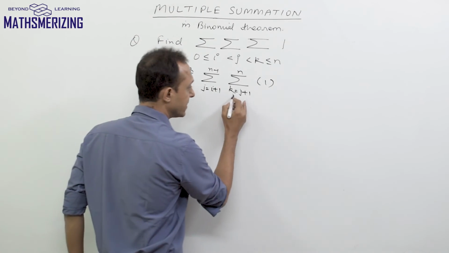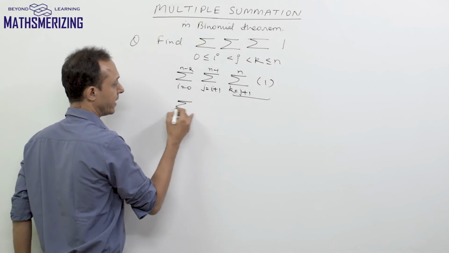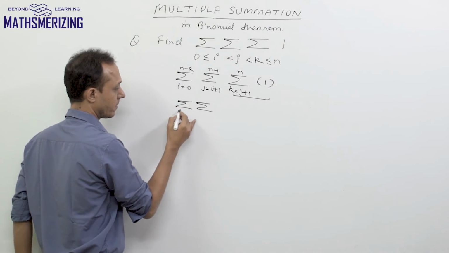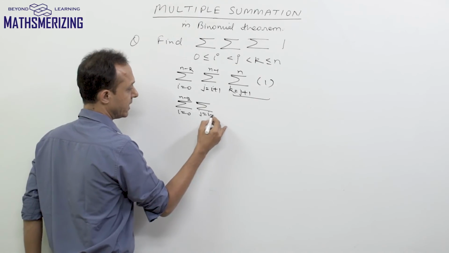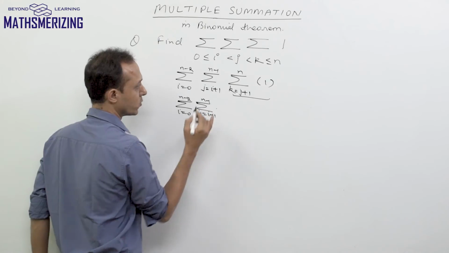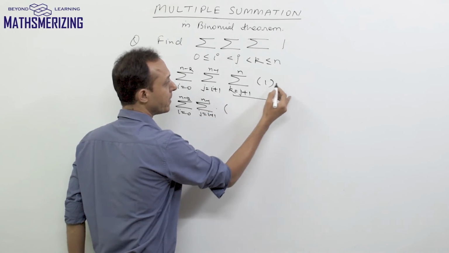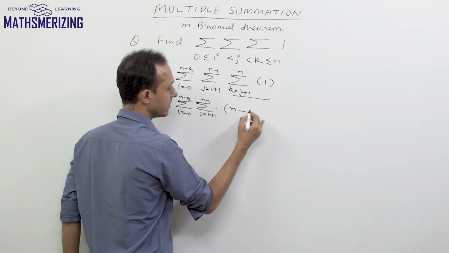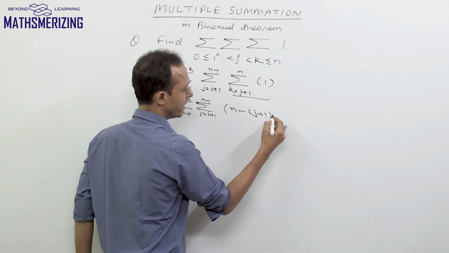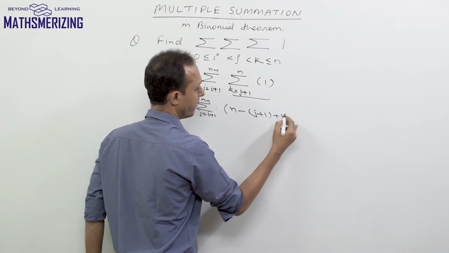Now if I find this summation of 1, I can write it as summation i varies from 0 to n minus 2, j varies from i plus 1 to n minus 1, and here it will be 1 plus 1 plus 1, so the number of summation times, and there will be n minus j plus 1 plus 1.